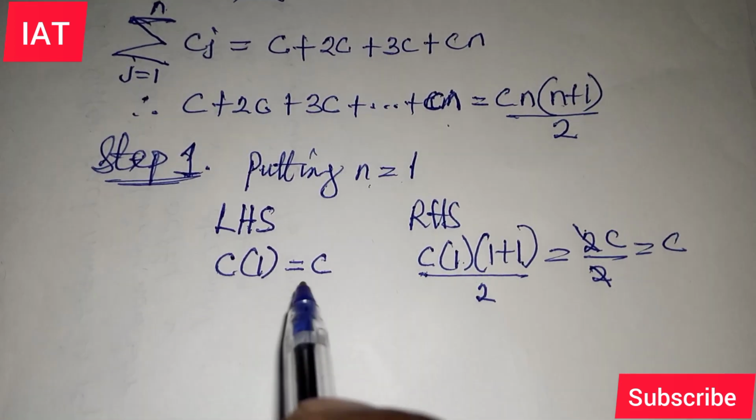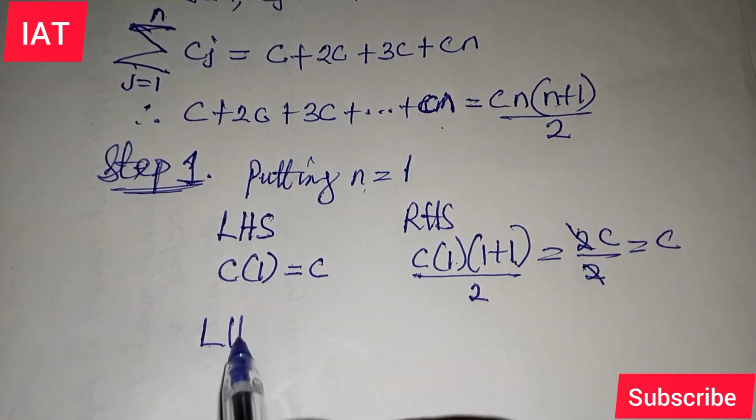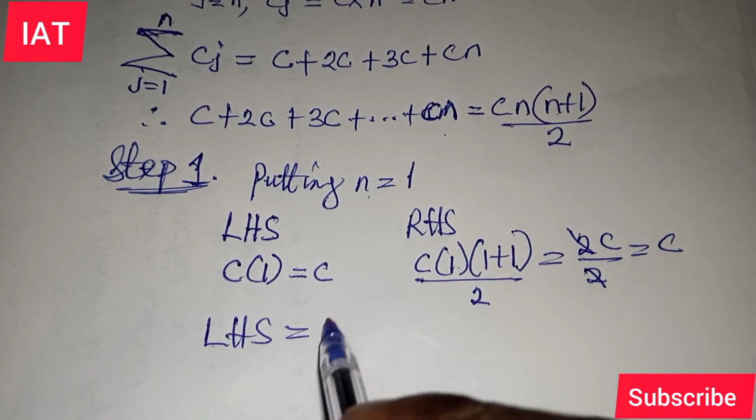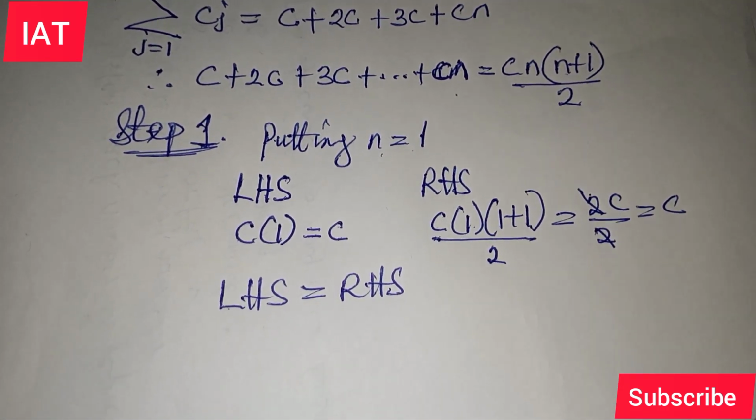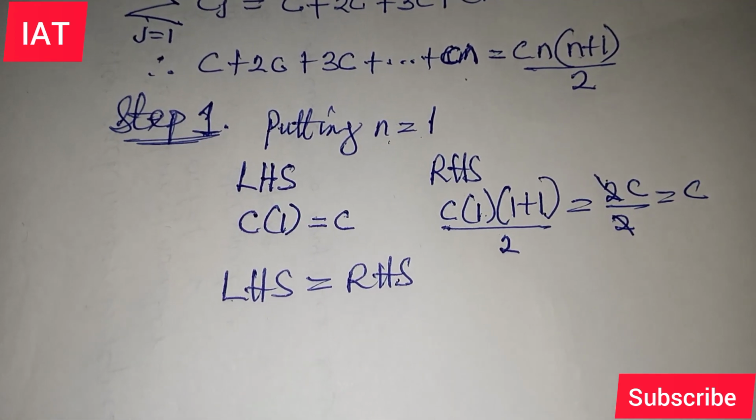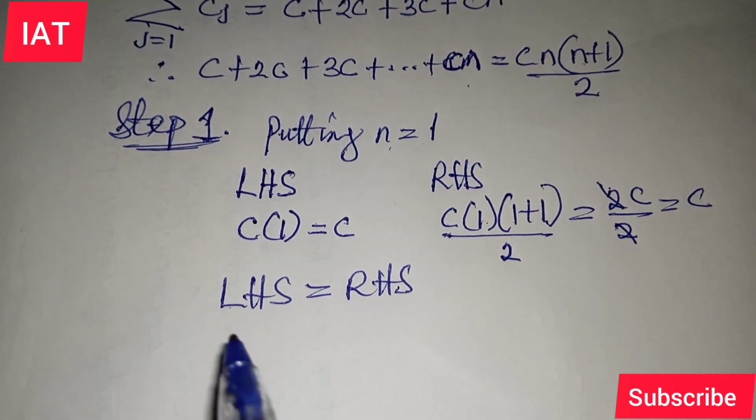Since you notice that the left hand side is equal to the right hand side, it means that n equal to 1 is true for all natural integers.